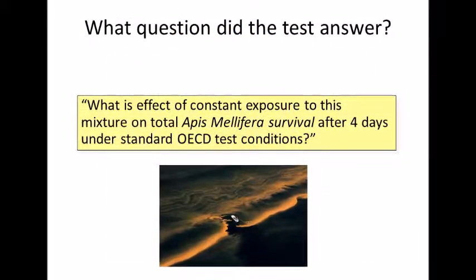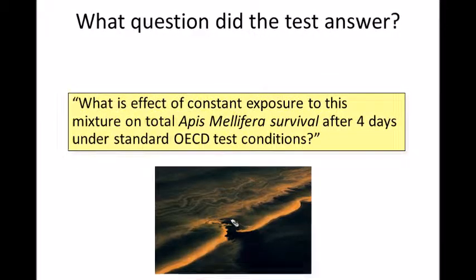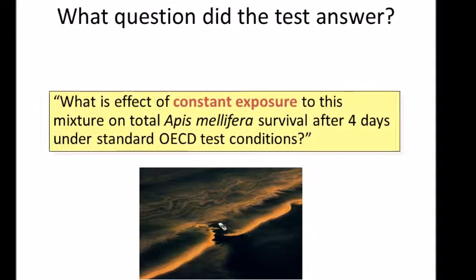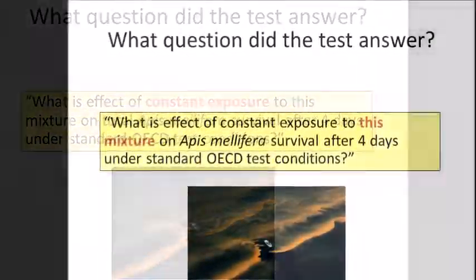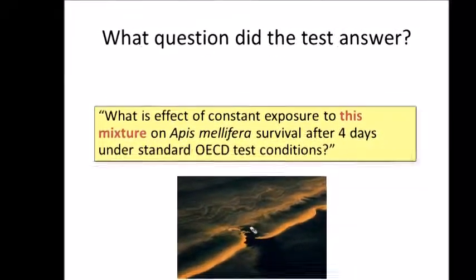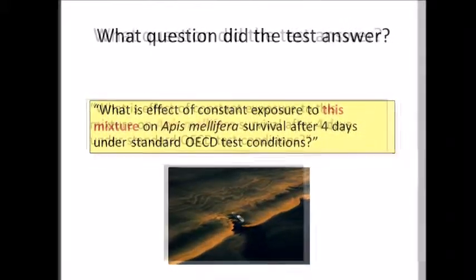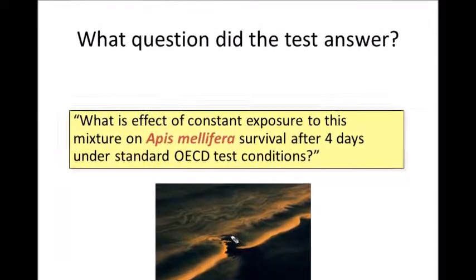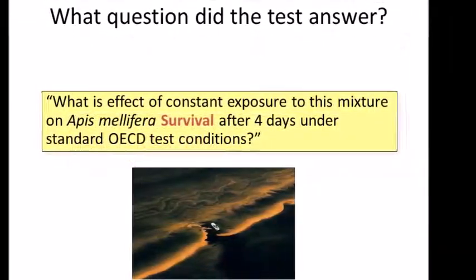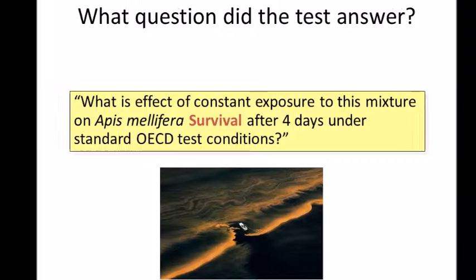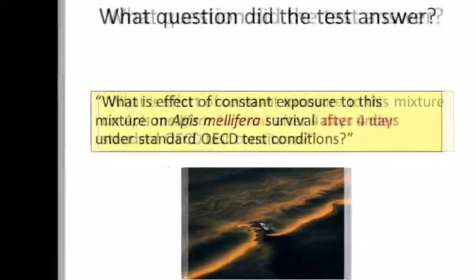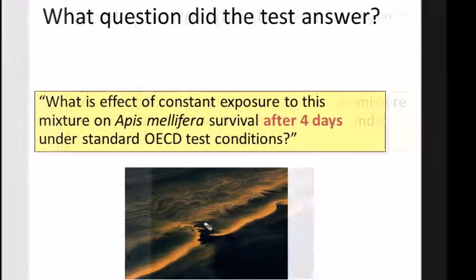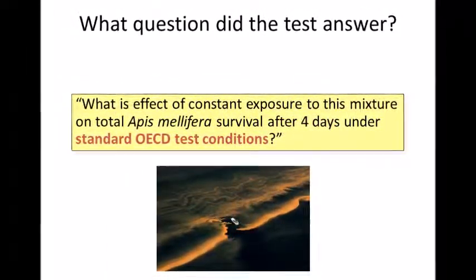I think, if you look at the bee test, it's: what is the effect of constant exposure to this mixture, on this species, on this endpoint, after 4 days, under standard OECD test conditions? So this is your starting material, but your problem is on a much different scale. And I think the problem lies in asking what the effect of this mixture on this species is.